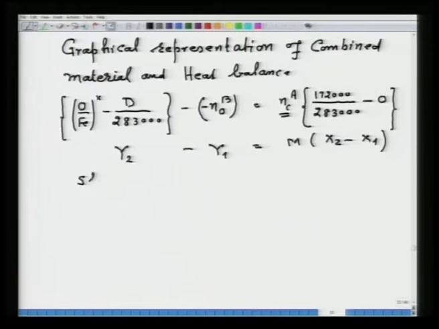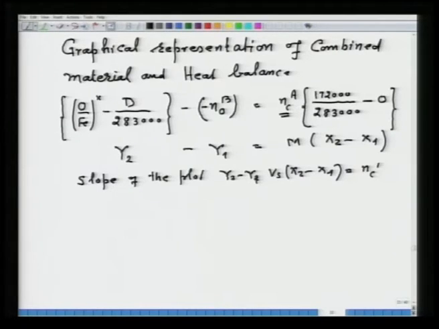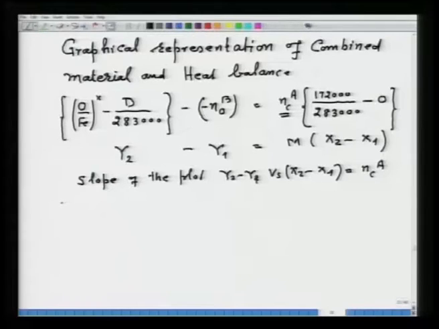So, the slope of the plot, y2 minus y1 versus x2 minus x1, will be equal to NCA, and from NCA I can determine the value of active carbon and all other variables. Now, let us see if those things are plotted on O by C and O by Fe axis.